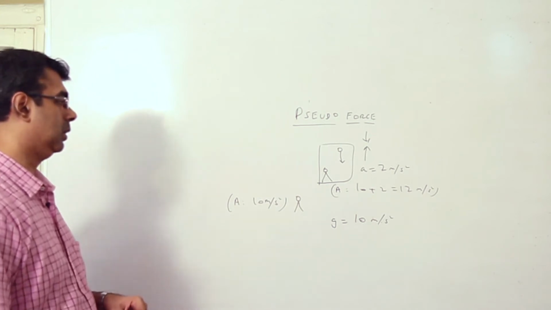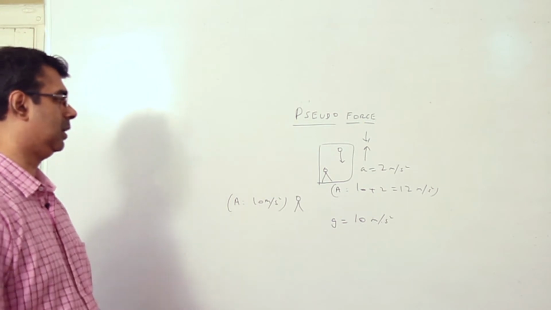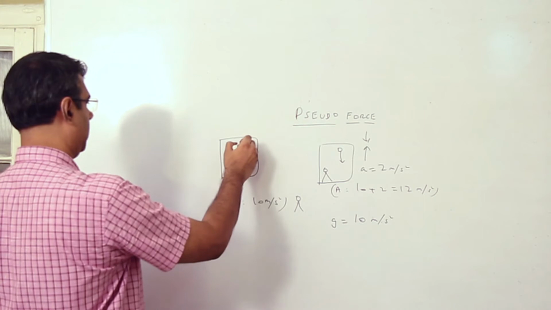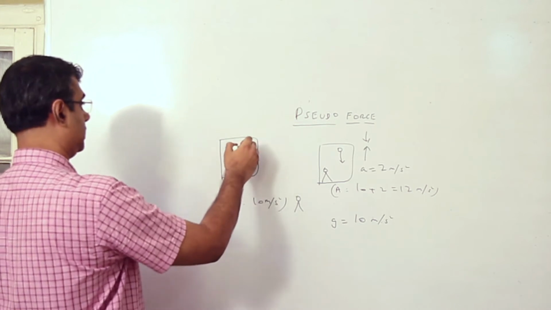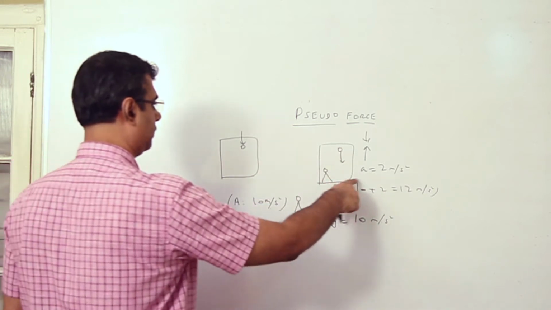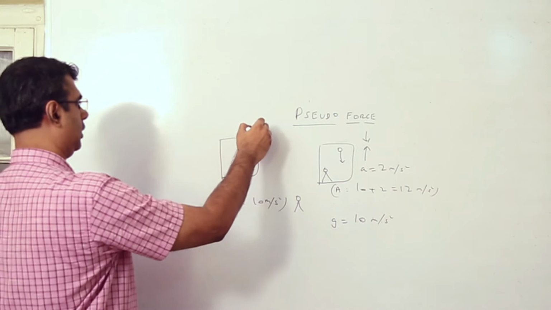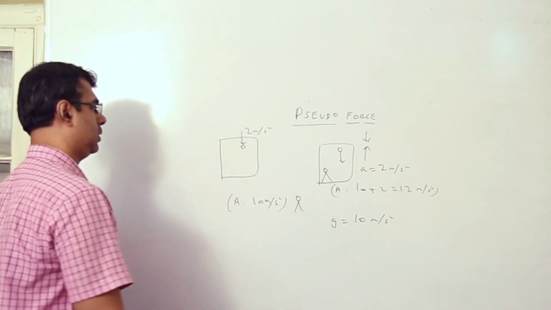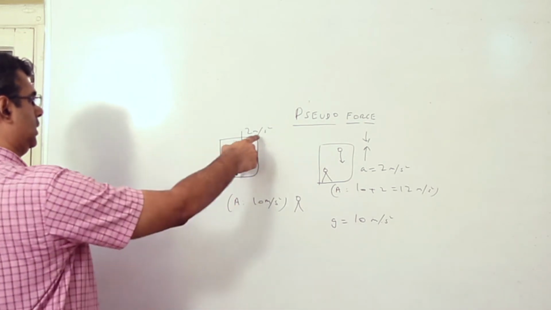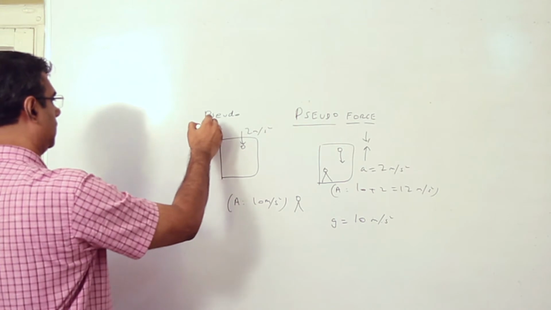According to Isaac Newton, whenever the observer is inside a non-inertial frame, you will have to apply an acceleration equal and opposite to the acceleration of the frame. So the acceleration of this lift is 2, so you will have to apply an acceleration of 2 opposite to this, that means downwards. Now this acceleration is called pseudo acceleration.